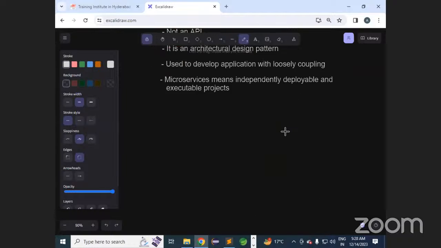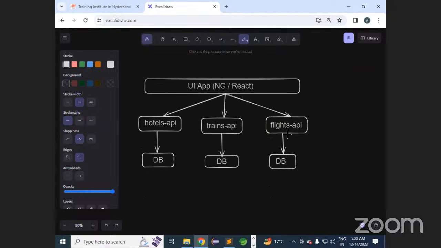But when it comes to a microservices application, multiple projects are available. Flights API, one project, that is one backend API, one microservice. Trains API, one backend service. In the backend, three APIs are available, nothing but three microservices.